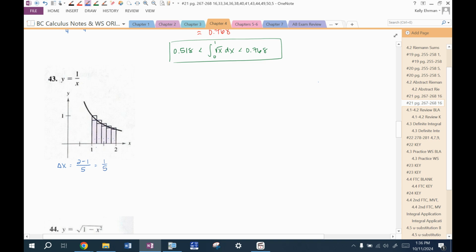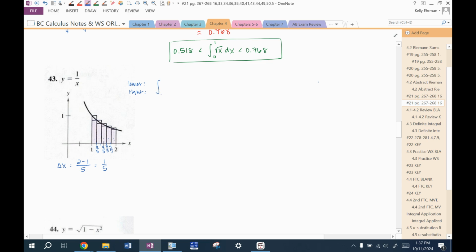All right, so labeling between here, okay, what is this? 1 is 5/5. This is 6 over 5, 7 over 5, 8 over 5, and 9 over 5. All right, so the lower will be the one on the right.